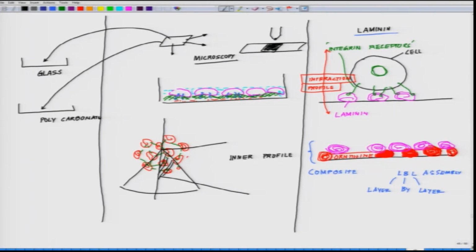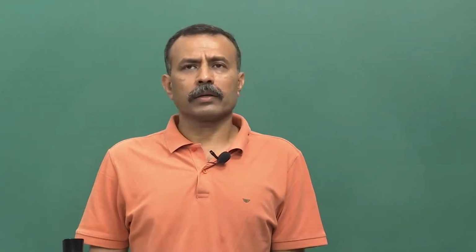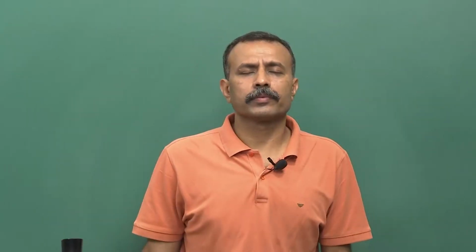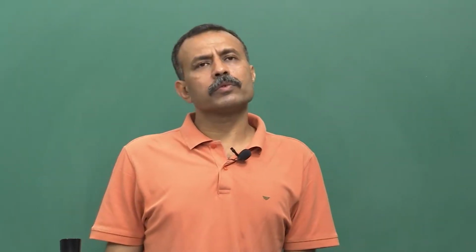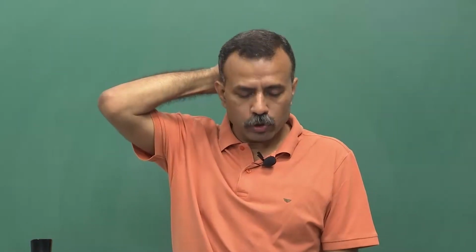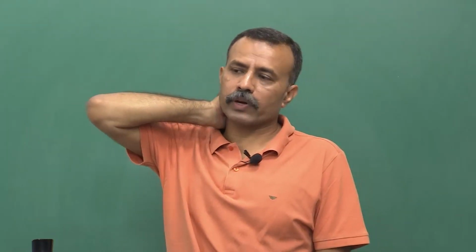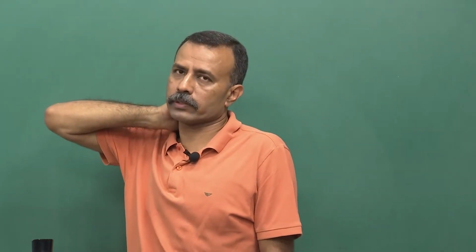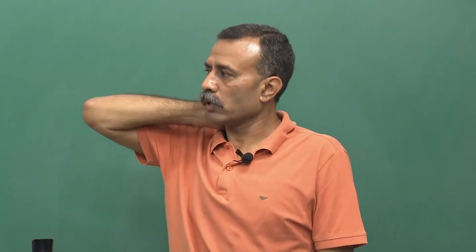Whenever you are using glass, these glasses arrive in your lab in bulk. We really never test the glass. A problem you will face in real life while working with glass coverslips is that most of the glass comes with a significant amount of oil or grease which you can't see.